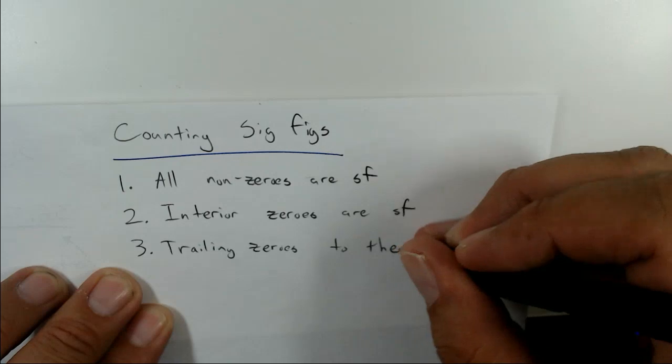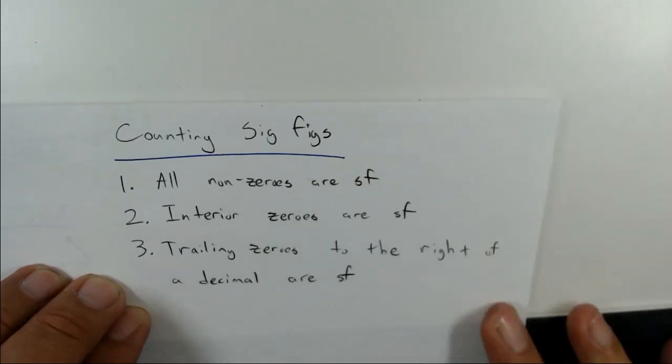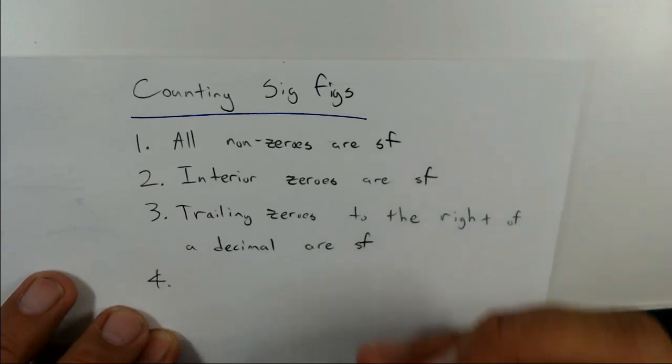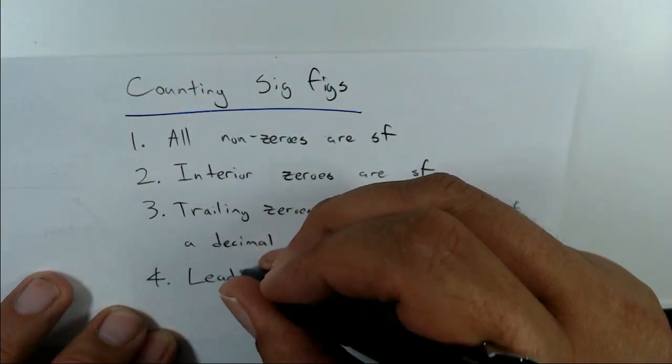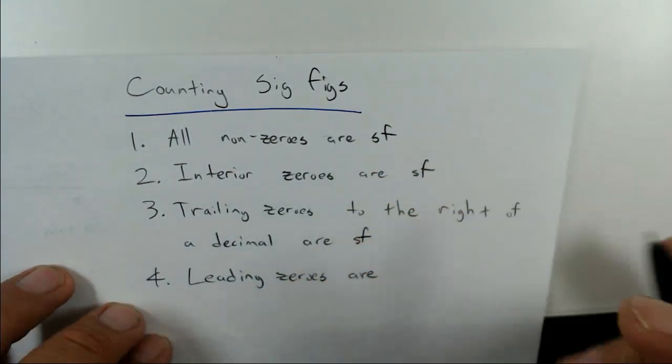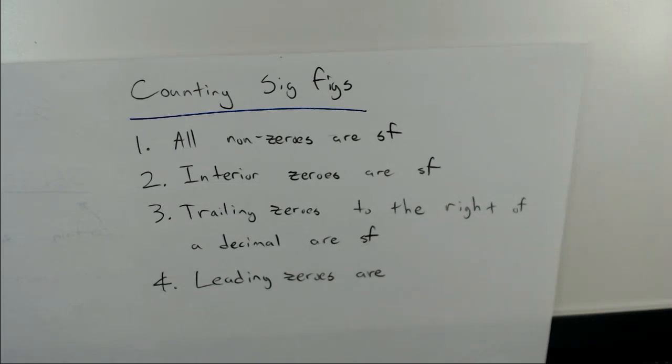So once again, trailing zeros to the right of a decimal are significant figures. And then the next rule here is that leading zeros are, what do you guys think about leading zeros? They're not significant. They act as placeholders.